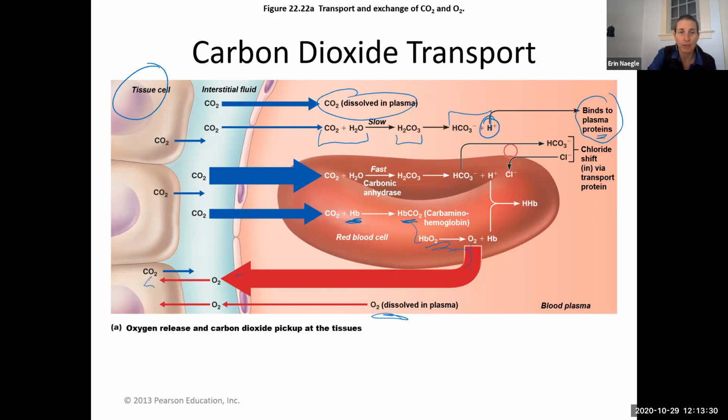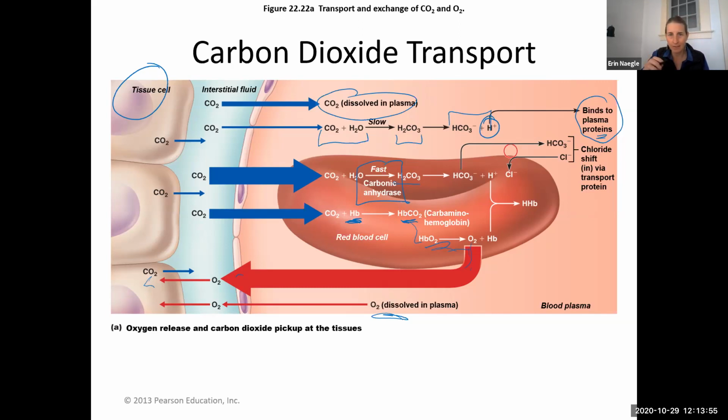What happens to most of it, though? Well, there is an enzyme in your red blood cells, carbonic anhydrase, and it binds carbon dioxide and water as substrates in its active site. When it does that, it makes H2CO3, carbonic acid.